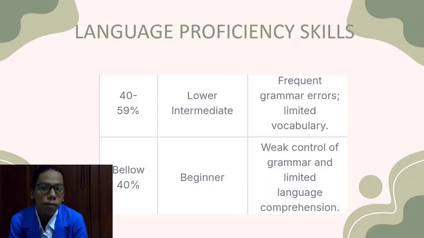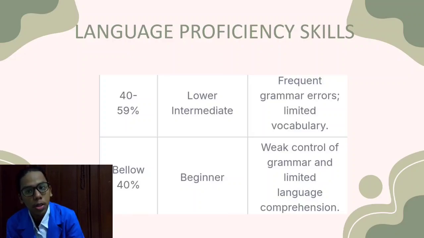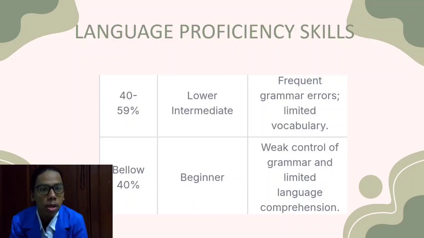The learners have frequent grammar errors and limited vocabulary. And below 40% is classified as beginner. It is weak control of grammar and limited language comprehension.